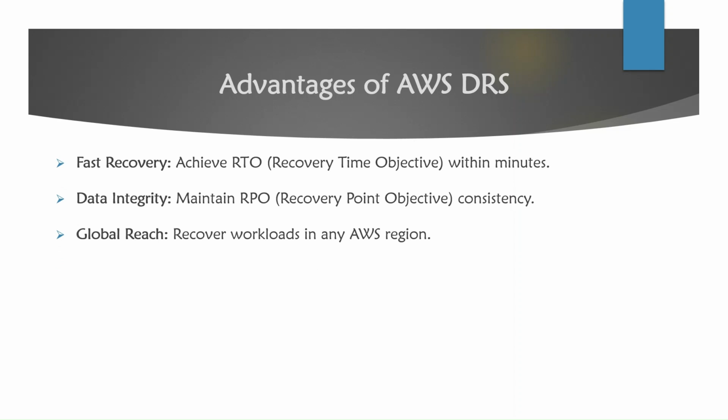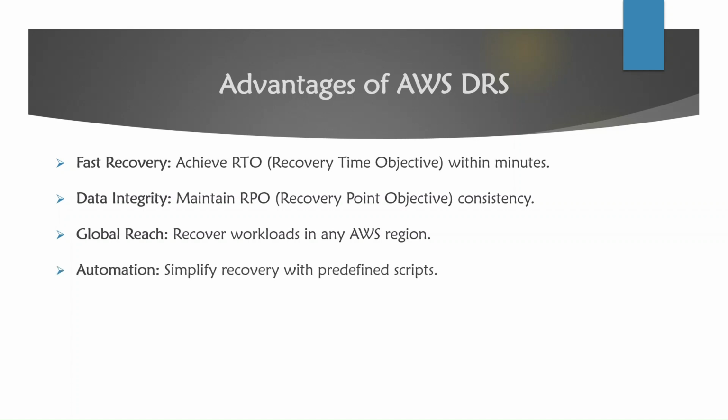Global reach. AWS DRS provides the ability to recover workloads across different AWS regions. This global reach allows organizations to maintain operation in multiple geographical locations, ensuring high availability and reducing the risk of single point of failure.